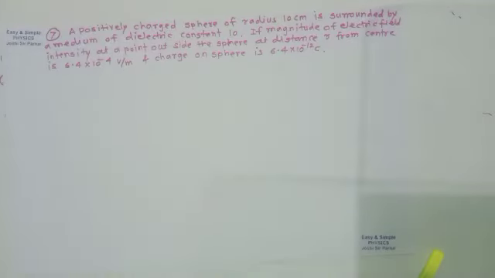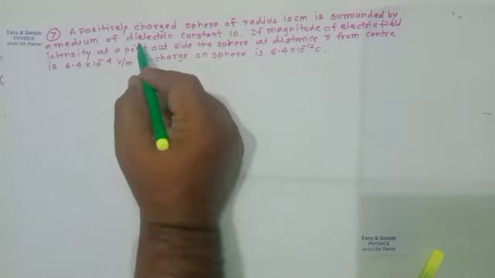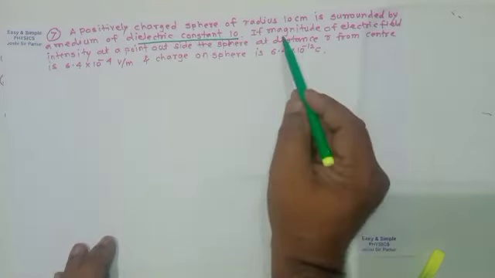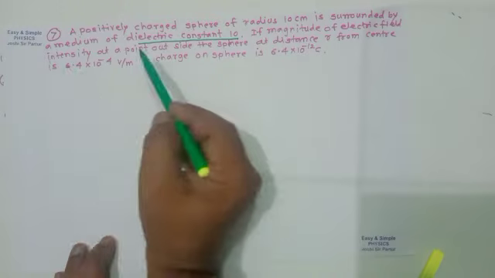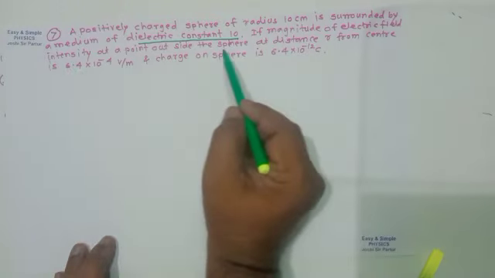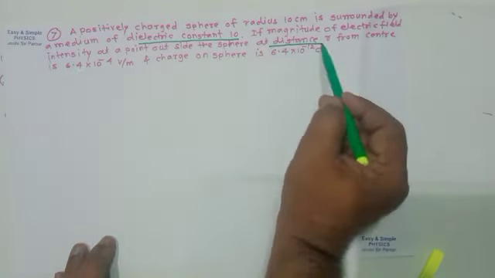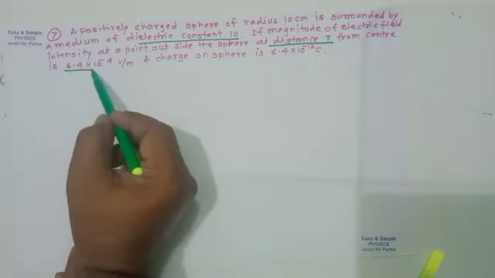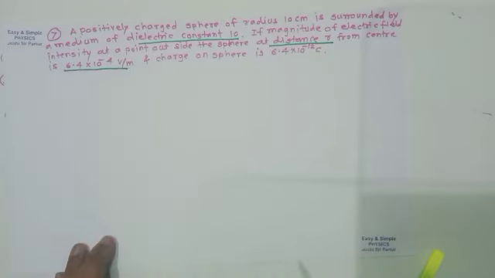Again, consider a positively charged sphere of radius 10 centimeter surrounded by a medium of dielectric constant 10. The magnitude of electric field intensity at a point outside the sphere at distance r from the center is 6.4 into 10 raised to minus 4 volt per meter, meaning Newton per Coulomb.